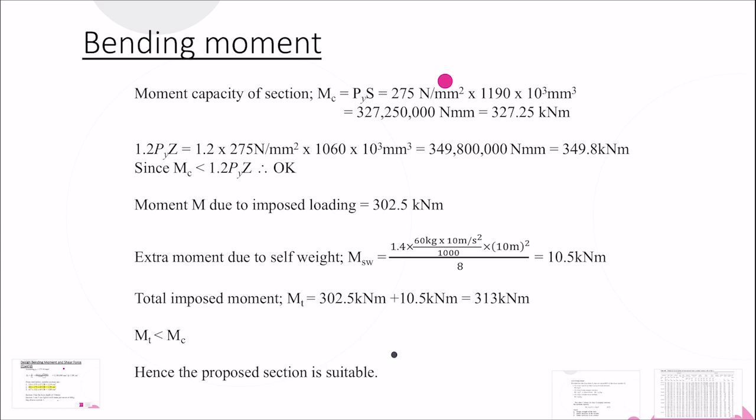Okay, so S here, we need to look at what is actually the value of our plastic modulus.